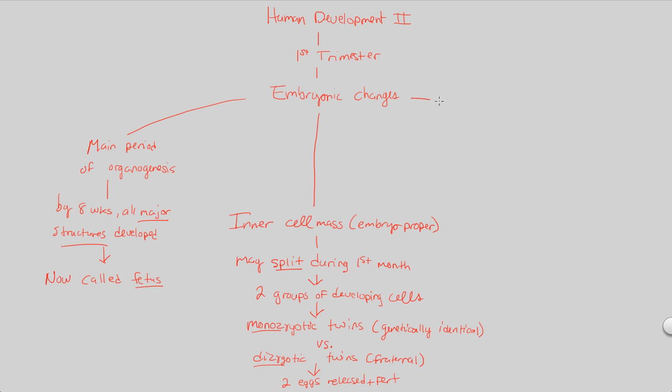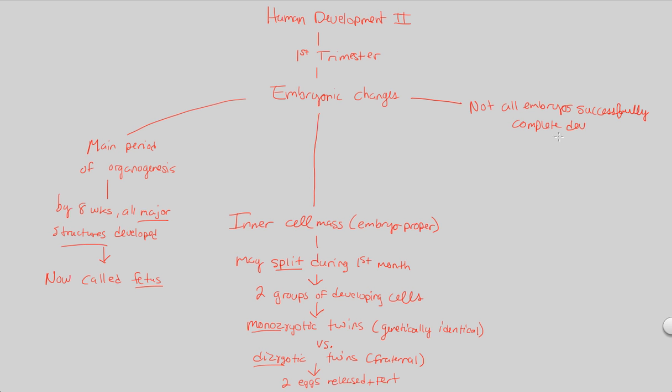And also, it's worth noting that not all embryos are going to successfully develop. This is a very important part of understanding the overall scheme of development. The fact that not all embryos will successfully complete development.